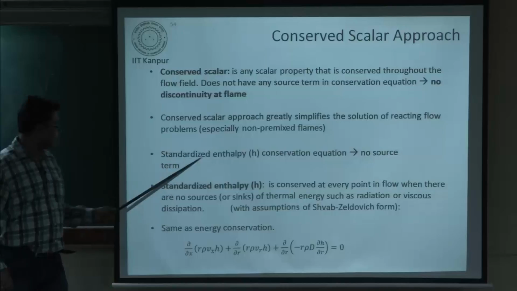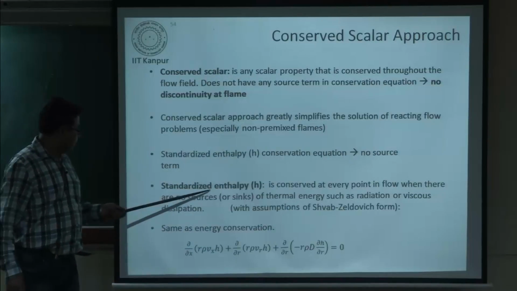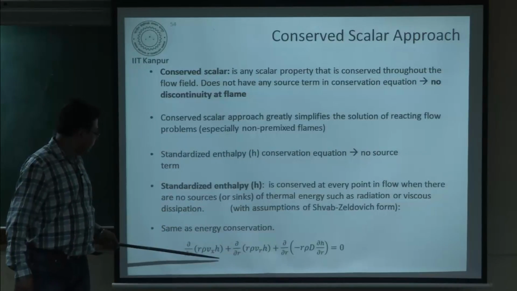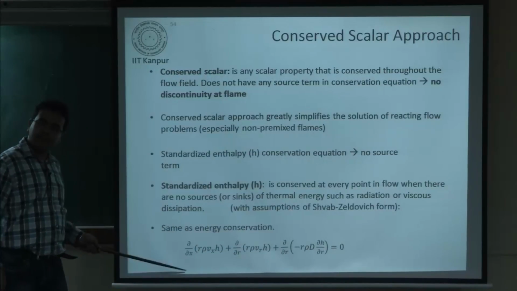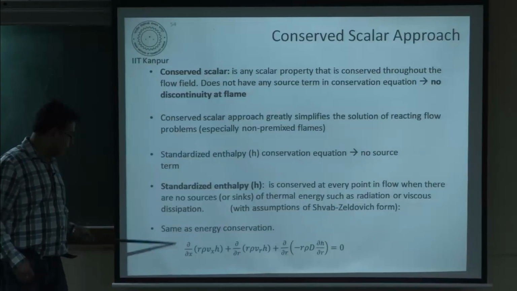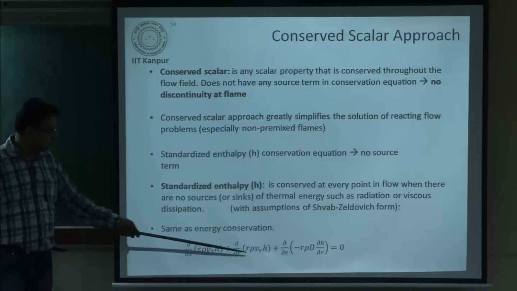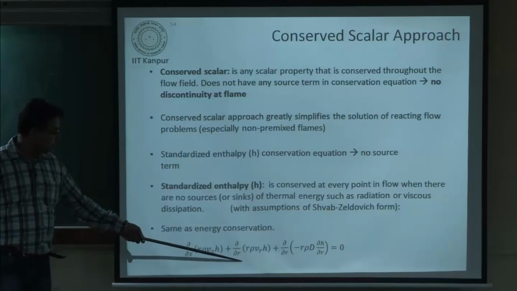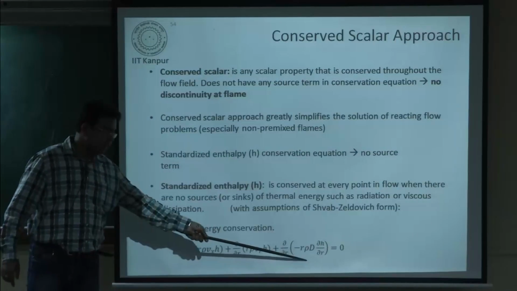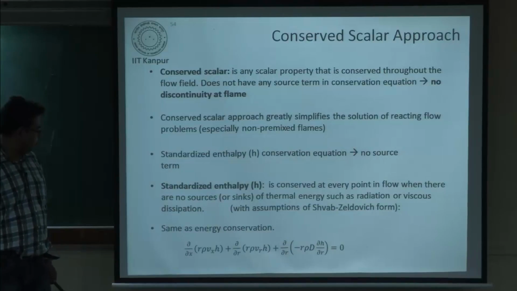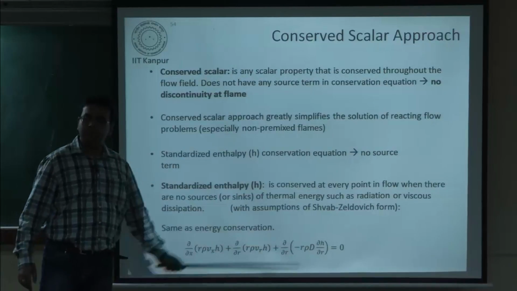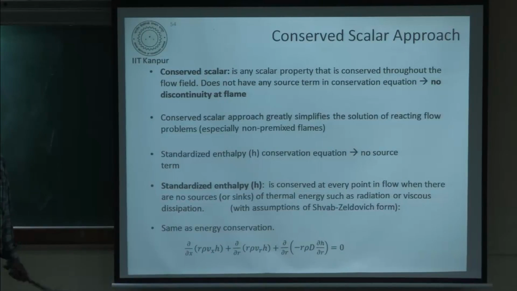So you can write down the transport equation in this manner. You see that this is a steady state expression, so there is no temporal term. We have the axial advection, radial advection, and there is a radial diffusion term. We have neglected the axial diffusion, right. So you see that there is no production of standardized enthalpy, right.